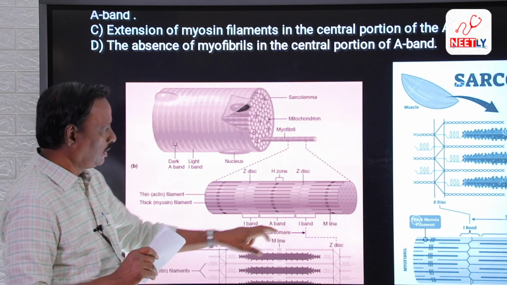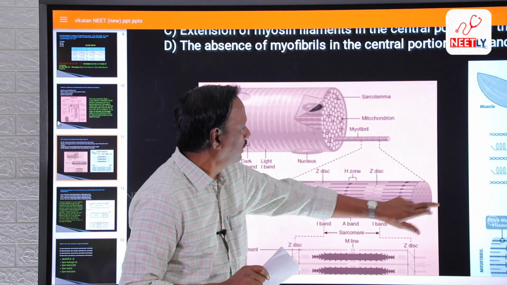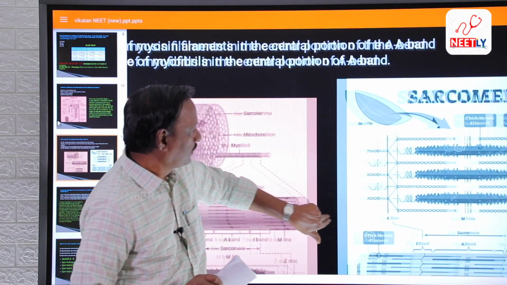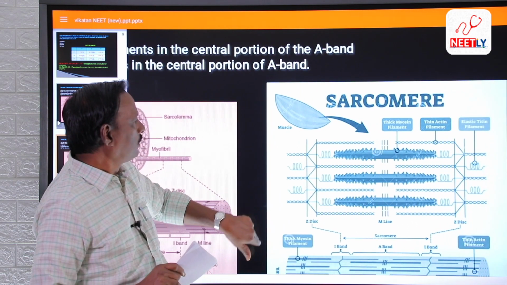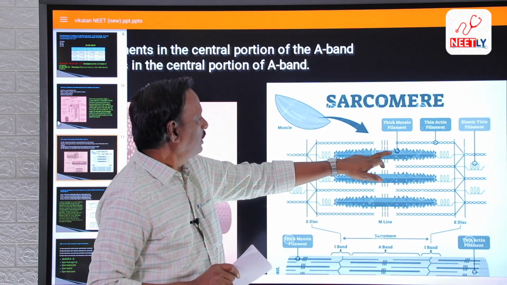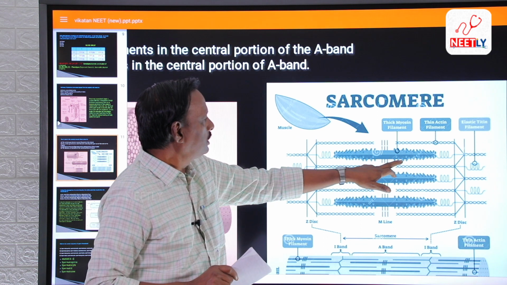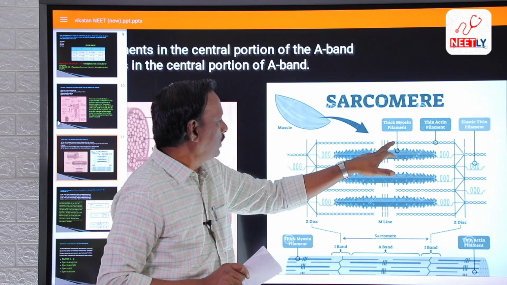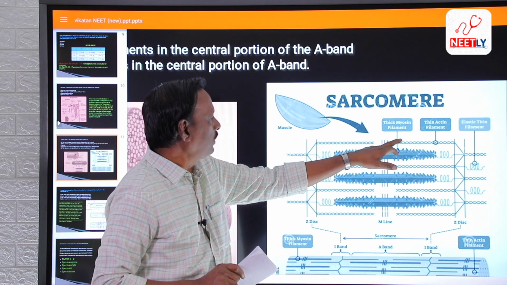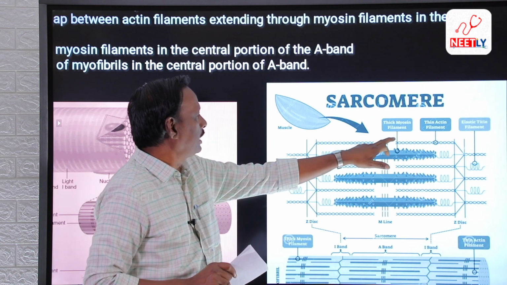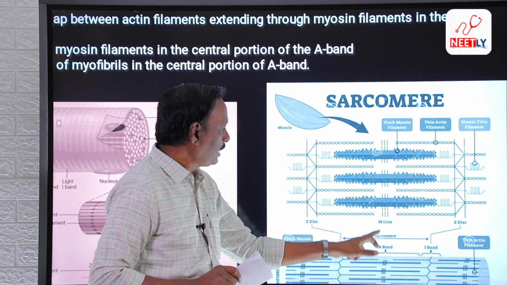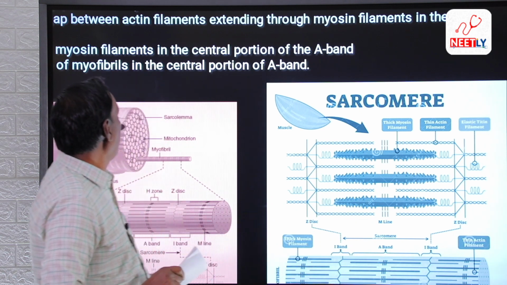If you see this picture, it will be very clear. This is the thick filament, this is the thin actin filament, and the thin actin filament is not available in this area, and this area is known as the M line.